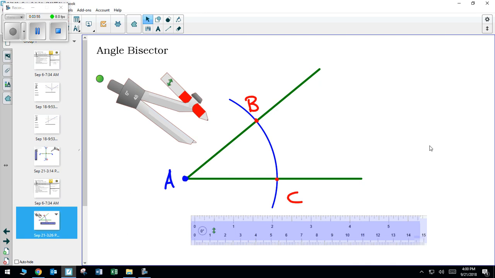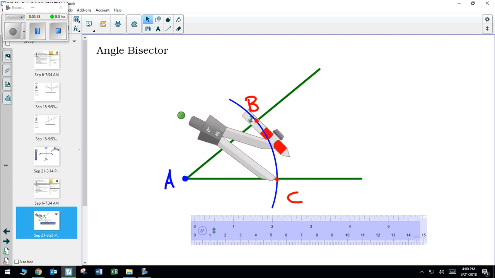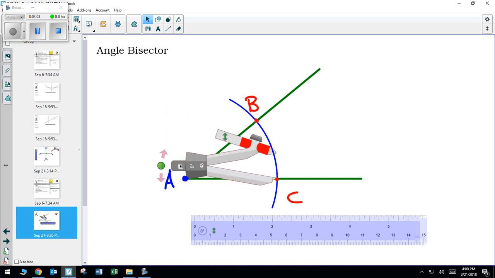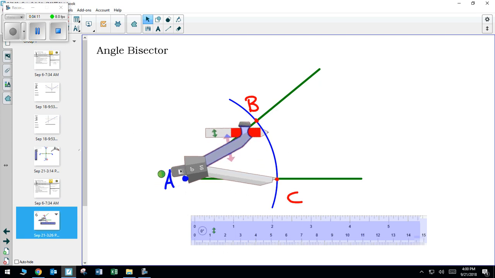The next step is going to be to take the compass and put one point on either B or C. And like we did when we were creating a perpendicular bisector, I want to open up my compass so that it's at least more than halfway between points B and C. So again, about 3/4 of the distance is fine.